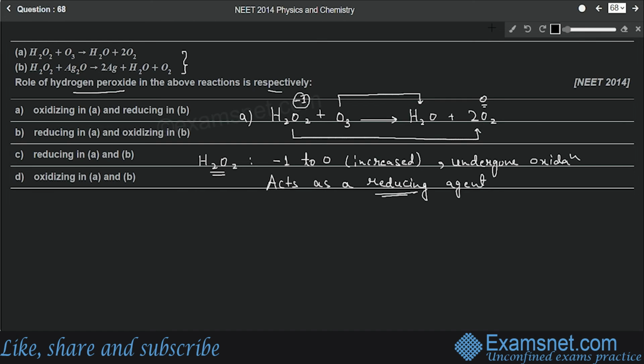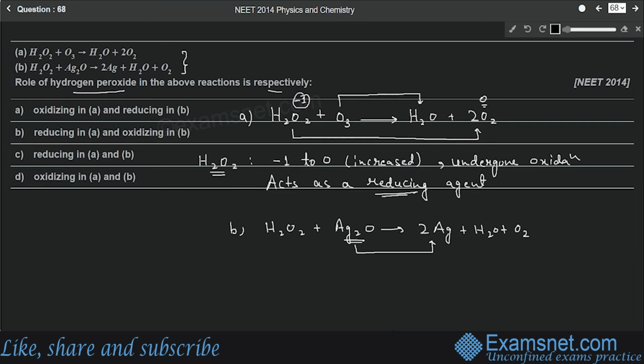Now let's come to the second reaction. It is H2O2 plus Ag2O gives 2Ag plus H2O plus O2. Here, merely looking at the silver oxide, we can say whether hydrogen peroxide is acting as a reducing or oxidizing agent.